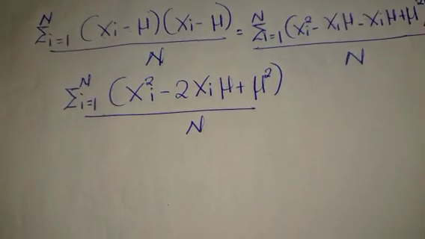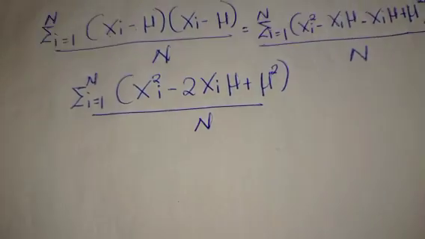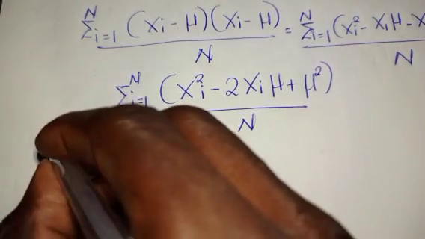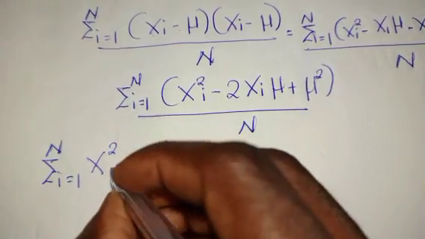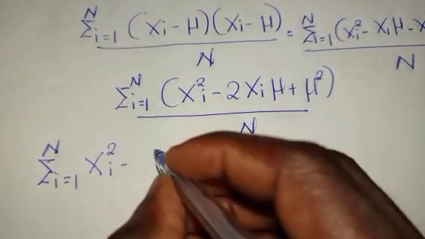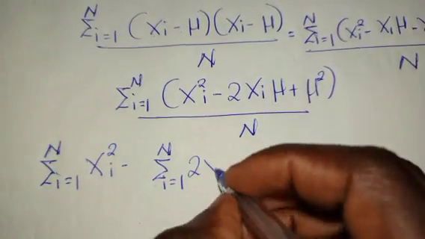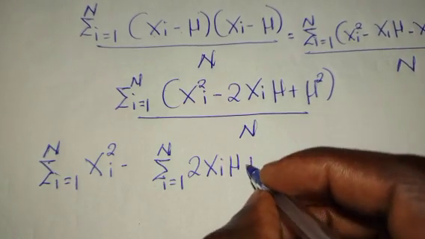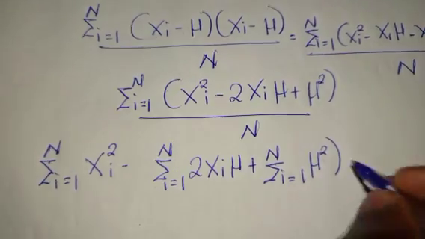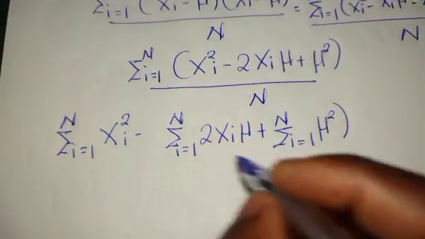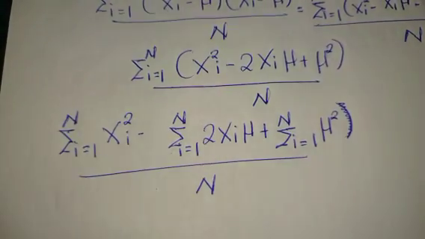Then we distribute the summation to what is inside: the summation of x_i squared, minus the summation of 2 x_i mu, plus the summation of mu squared, like this. We can just remove the bracket, it has no use now, over n.